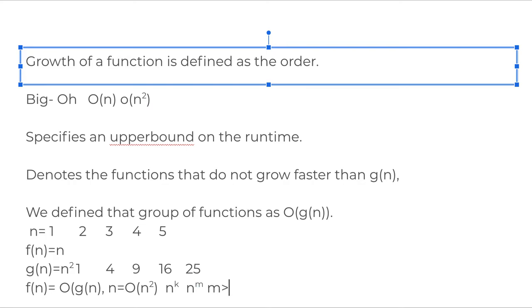If m is greater than k, then the first function, n raised to k, will always be in the set of the functions that do not grow faster than n raised to m. So if the degree of a polynomial is greater, then the rate of its growth will also be greater. I'm just saying that these are two polynomials, n raised to k and n raised to m, and if m is greater than k, then n^k can be written as big O of n raised to m.